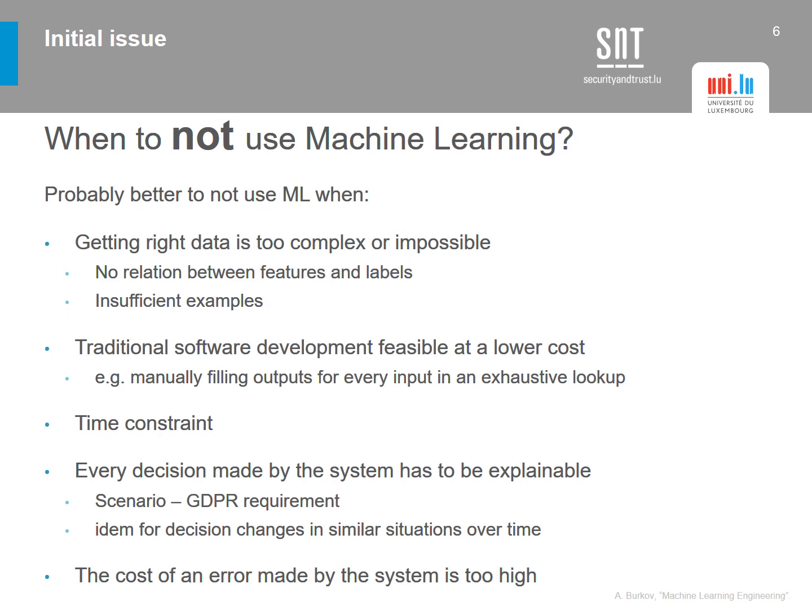Another situation where machine learning is not necessarily the best thing to do is if the cost of an error made by the system is too high. For example, in a situation where we may lose an insane amount of money if our decision is not good, or if we make an error, then machine learning should not be such a good choice. This is one of the reasons why it's so hard currently to have autonomous self-driving cars.